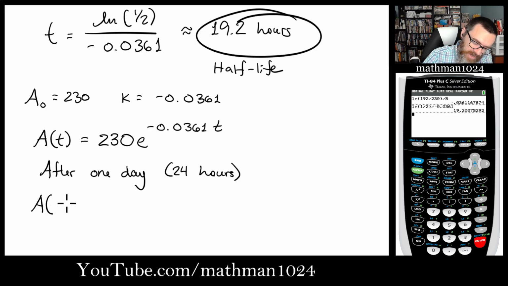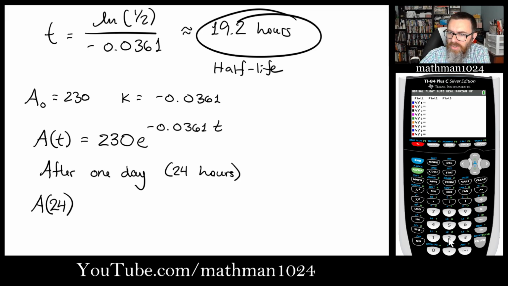So we need to find a value at 24. I'm going to do this a little bit differently. So I have 230 e to the negative 0.0361 x.